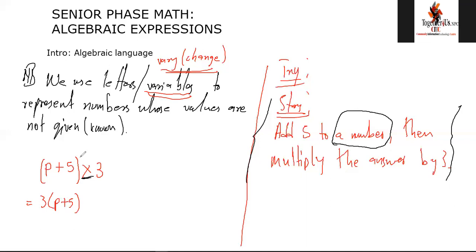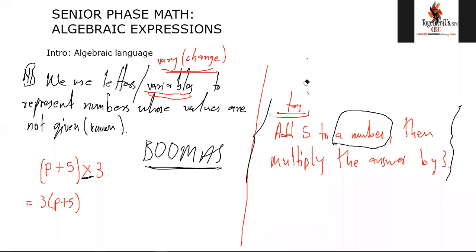So instead of just doing this twice, I can just do it once by using brackets. And what these brackets are telling me is that actually, I know you guys have heard of this word BODMAS, right? So what these are telling me is that actually, before I can even multiply by 3, I must get some result from p plus 5, and then I must multiply by 3.